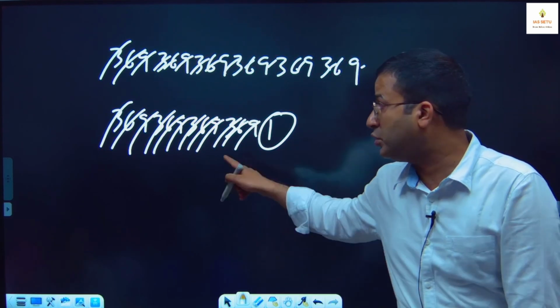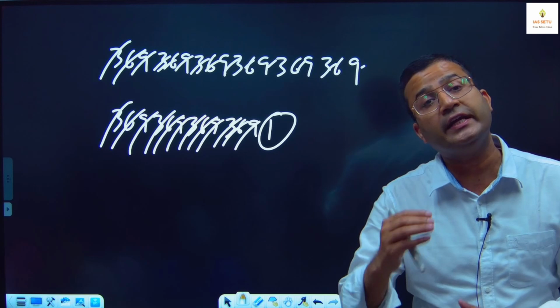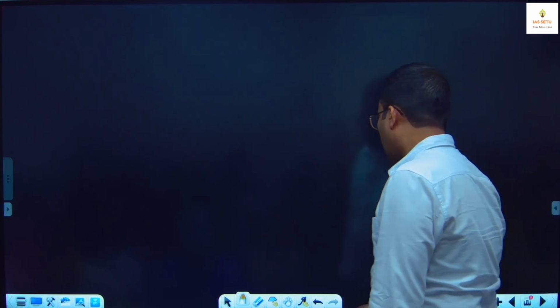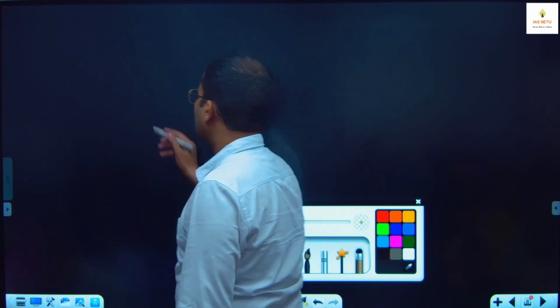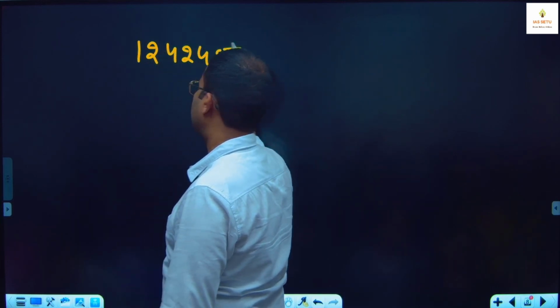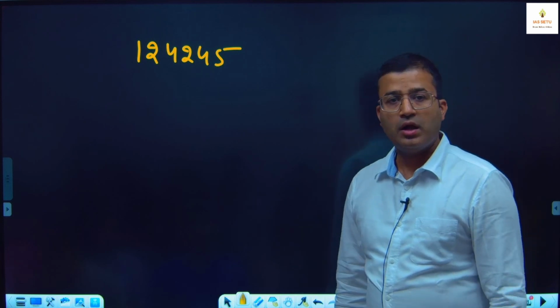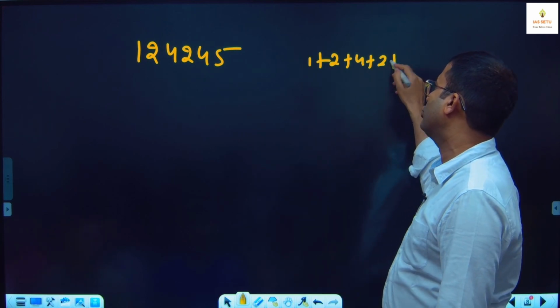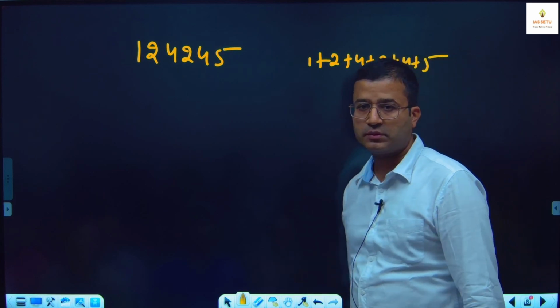The second shortcut for divisibility of 3, if you have indirect 3 or multiples of 3. ये तो direct थे. Like here, for example, 1, 2, 4, 2, 4, 5. Either you will do 1 plus 2 plus 4 plus 2 plus 4 plus 5.